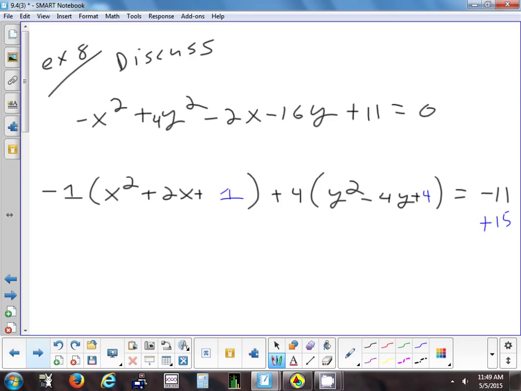Okay, now if we've done everything correctly, this should factor very nicely, and it does. It's negative x plus 1 squared plus 4 times y minus 2 squared. And negative 11 plus 15 is 4. Okay, so it's a lot better than what we started with.